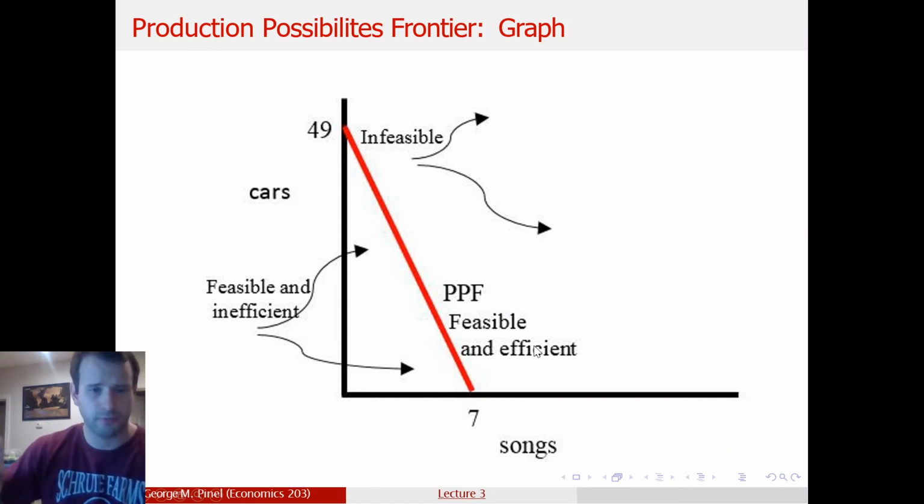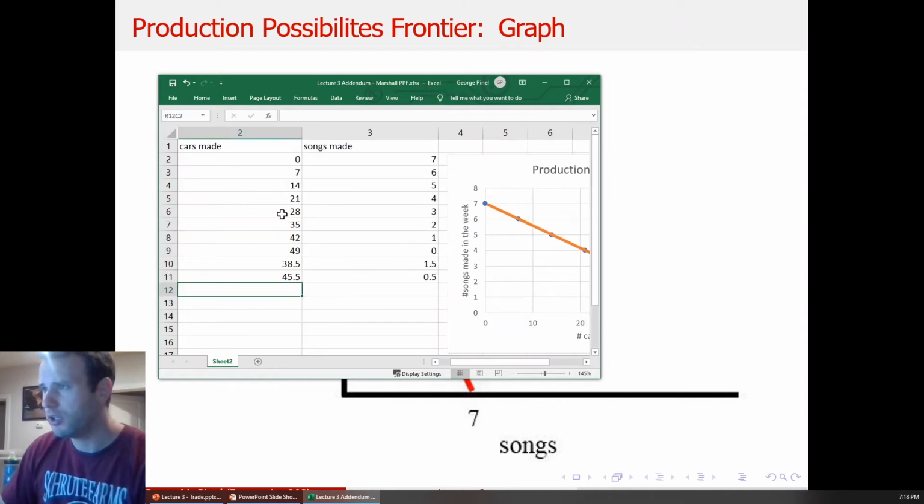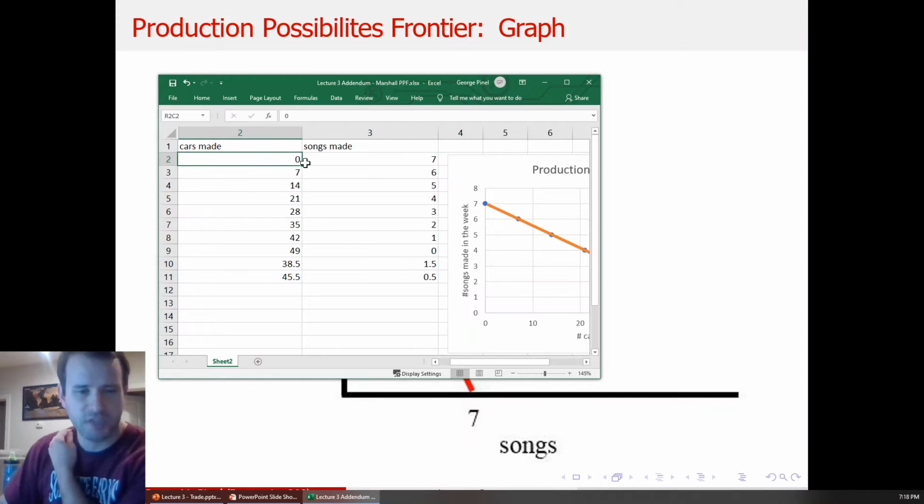This is just for your sake, so you can understand the point of a production possibilities frontier. So basically, what our exercise was doing is we mapped out how Marshall will spend his time, given that he spends all of his time making cars and songs, right?